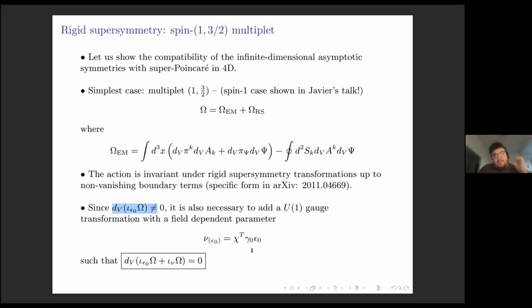This is going to be the parameter of the U1 transformation. And one can verify that adding this new gauge transformation, the symplectic form is invariant under rigid supersymmetry. This is a property similar to the one shown by Sucheta in the case of boost, in the Pauli-Fierz case.